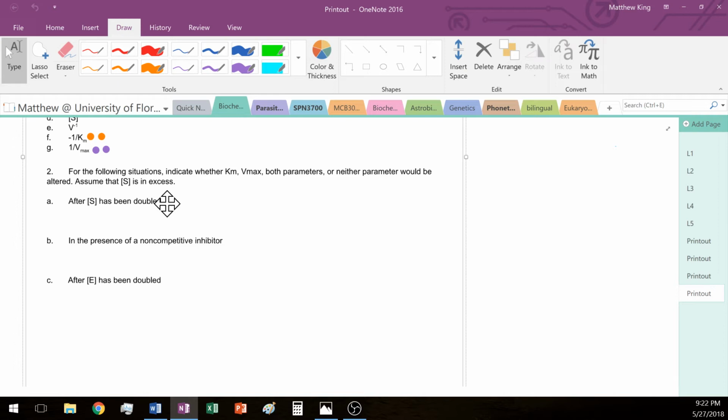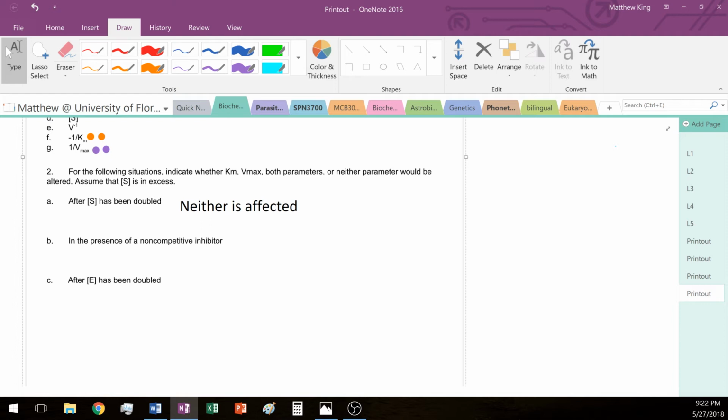So what this is going to mean is that neither is affected. And that is because if you're already saturated, if your substrate concentration is already in excess, then your enzyme is going to be firing at its maximal rate, and it can't go any faster no matter how much you flood it with substrate.